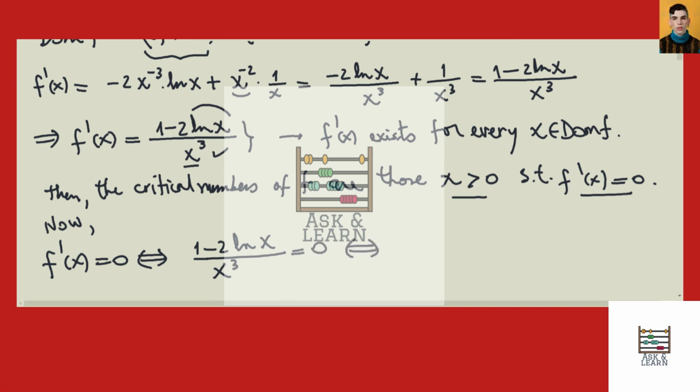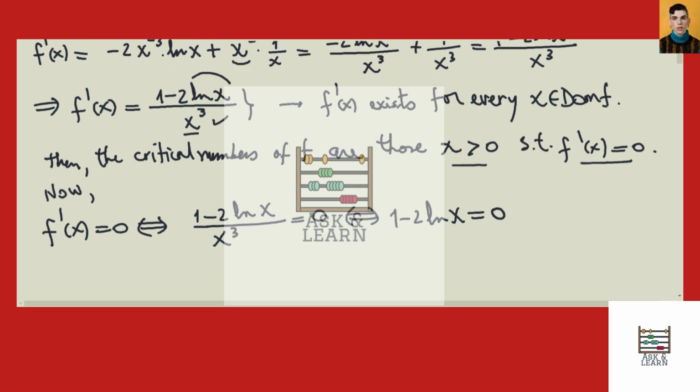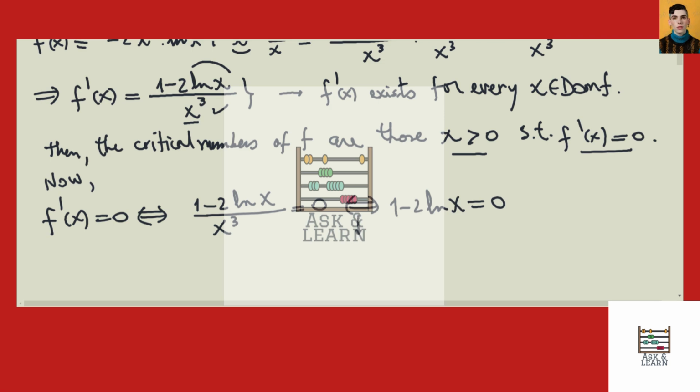And this is the same as saying that 1 minus 2 natural logarithm of x is 0. And it's important to remark that this equivalence implies that we are already at the values of x that are positive. That is, any of these two sides of the equivalence impose this condition because we have the natural logarithm in both of them. And so we have this equation here, which is the same as natural logarithm of x equal to 1/2.